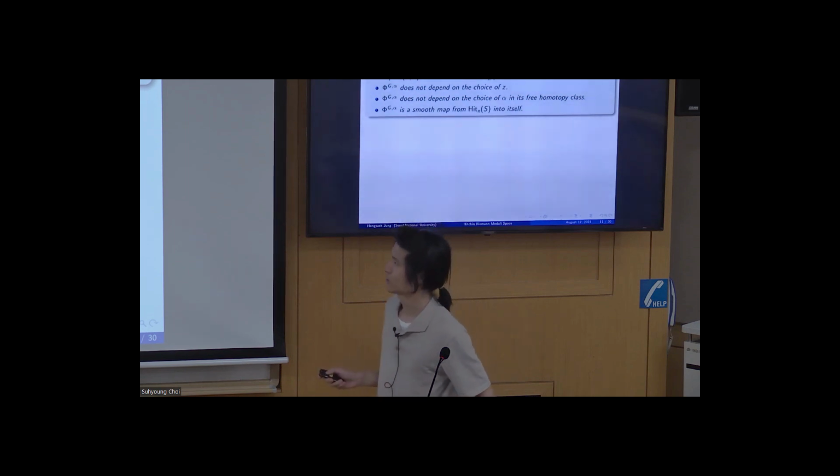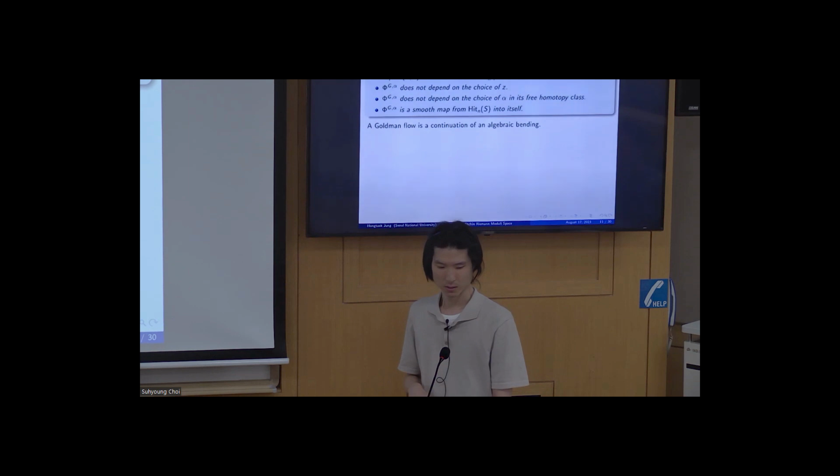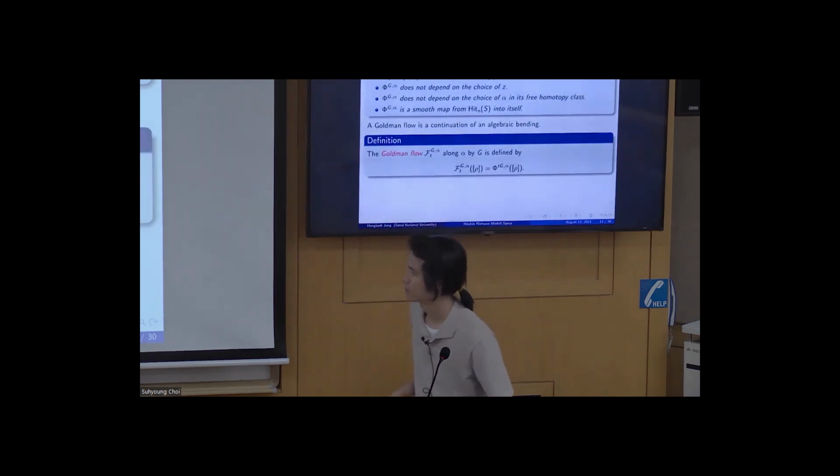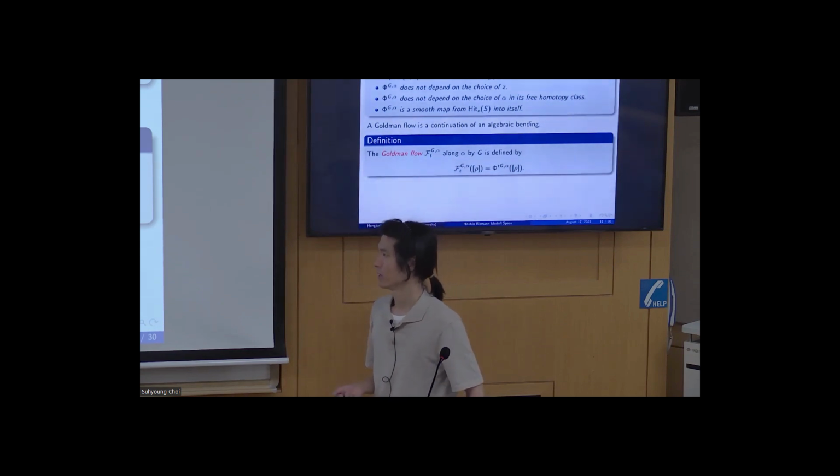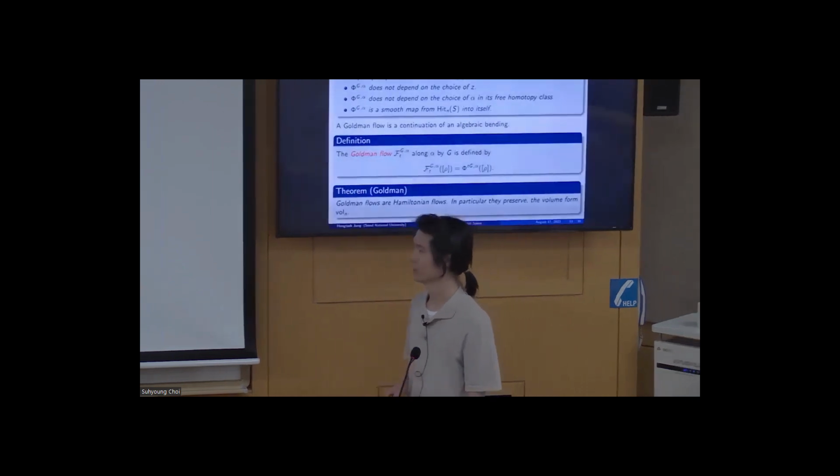And then this algebraic bending gives you a well-defined smooth map from the Hitchin component to itself. And Goldman flow is actually a continuation of algebraic bending. So we just put time t here, and there will be the Goldman flow. And why is this Goldman flow so important?